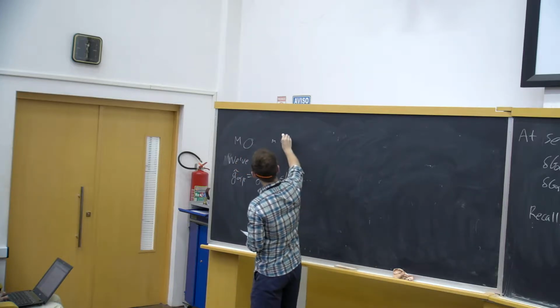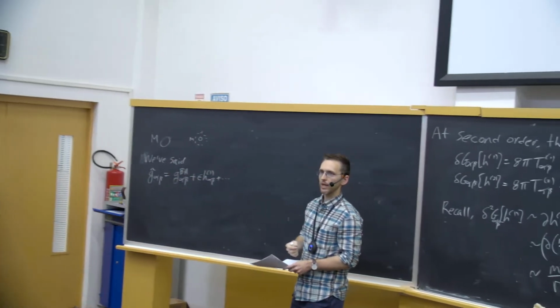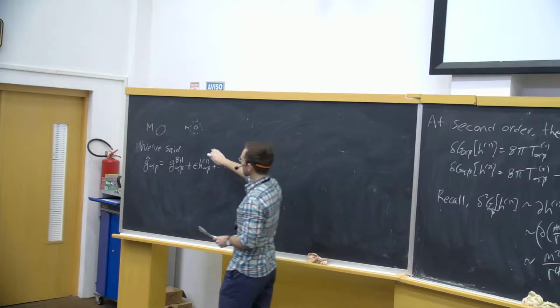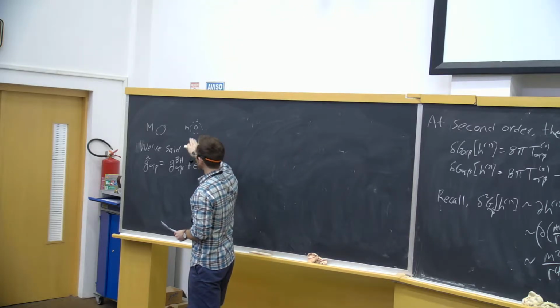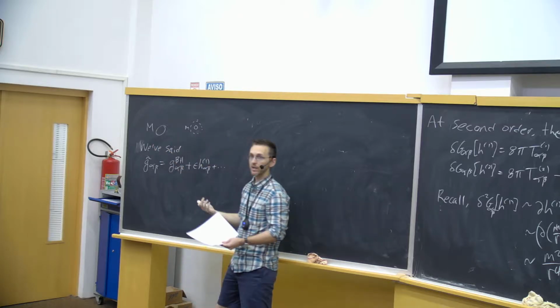But if you look in a region very close to that small black hole, the gravitational field of the small black hole is not going to be much smaller than the gravitational field of the big black hole. It's going to be much bigger.